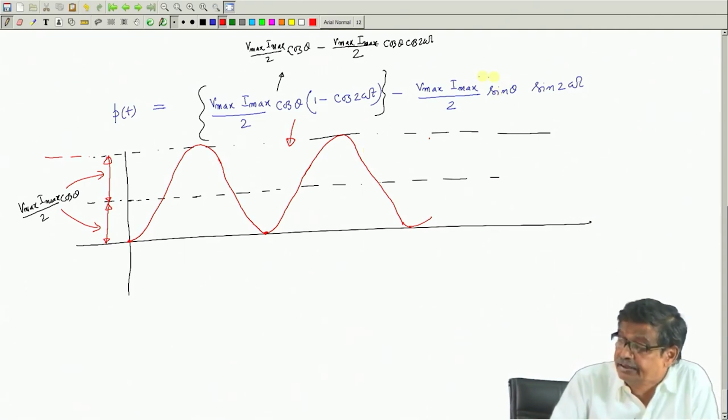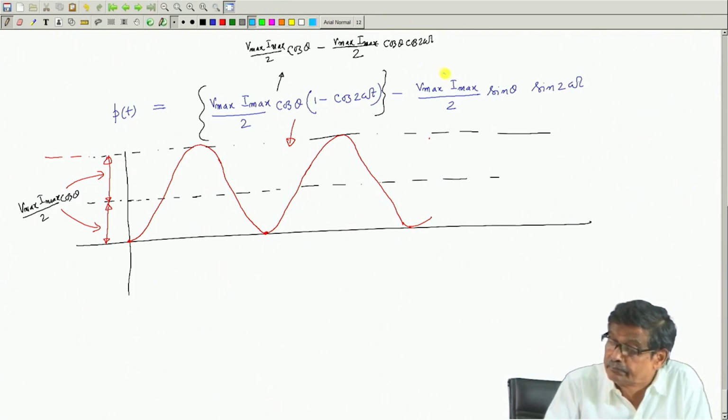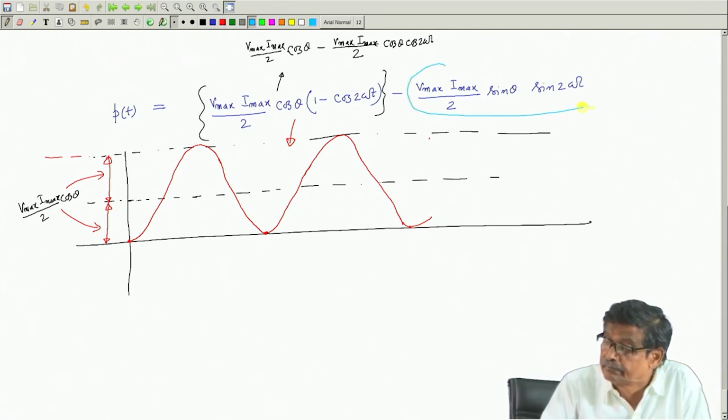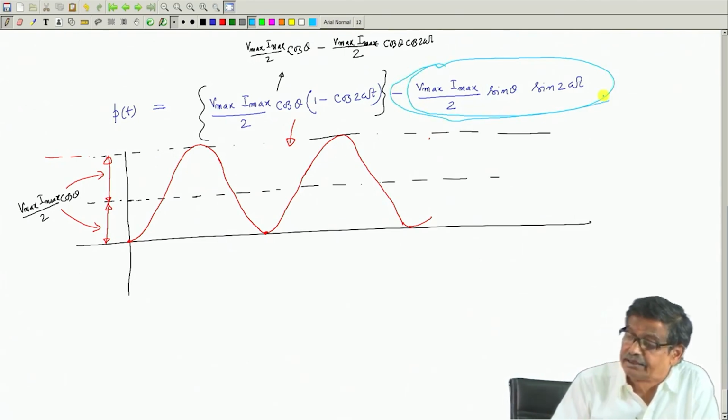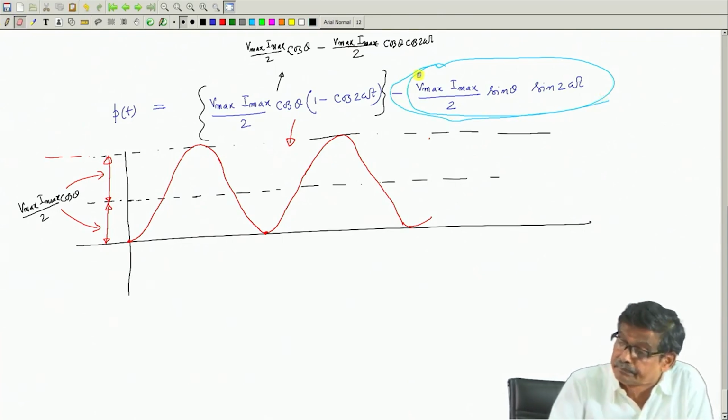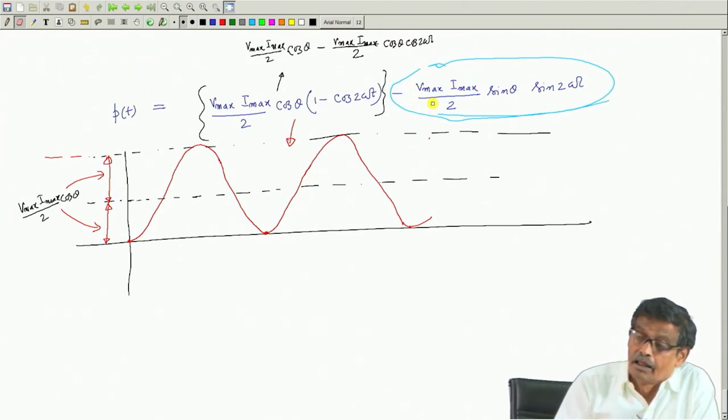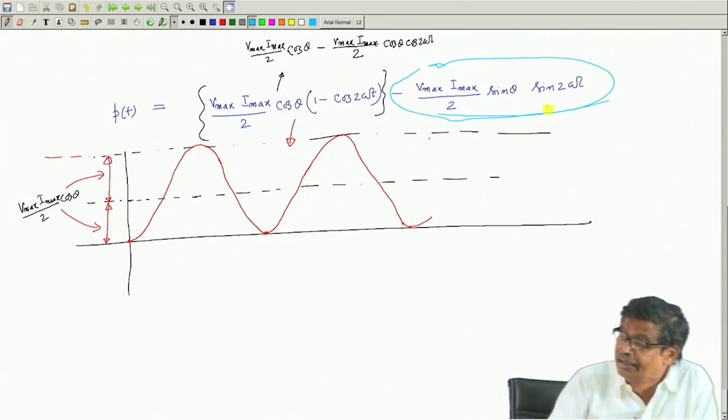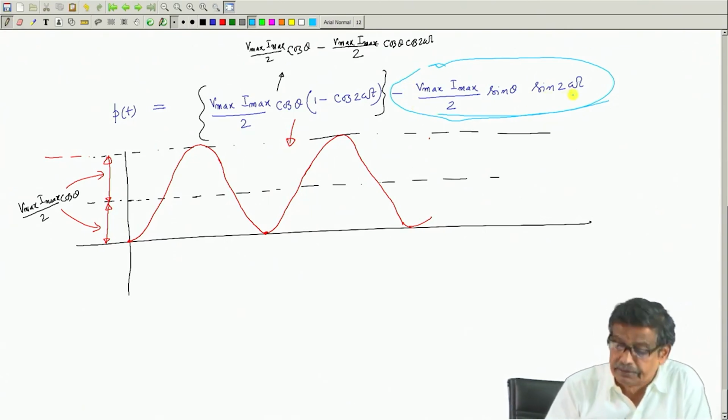Then I will sketch this term. I will sketch including this negative, this term I will sketch. How will it look? It is simple, sin 2 omega t.